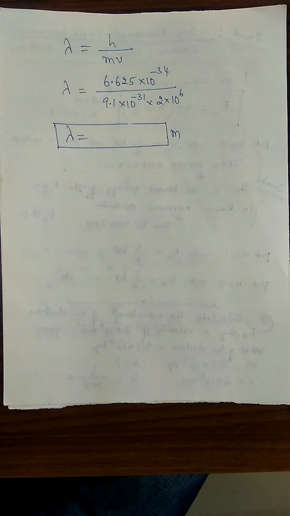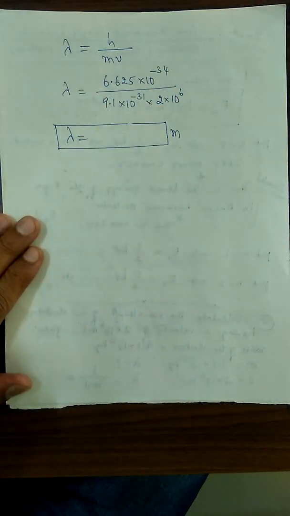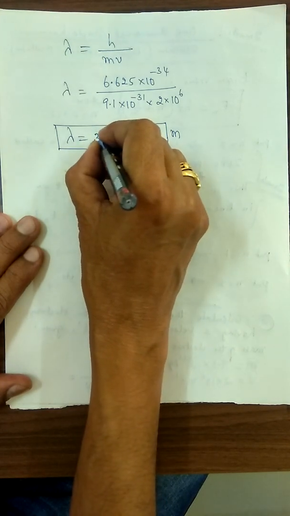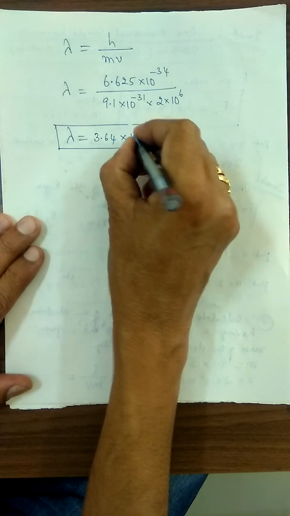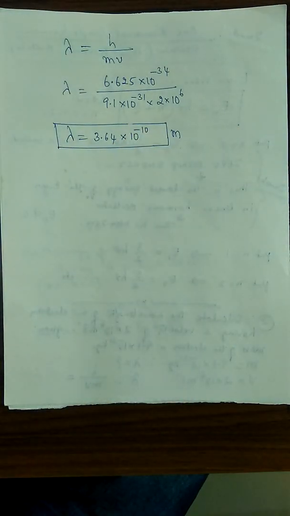How much is the answer you got? The answer is 3.64 into 10 to the power minus 10 meters. This is the answer you are supposed to get. Is it correct? Just to check it up.